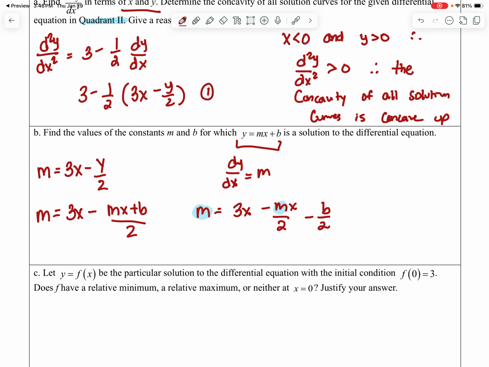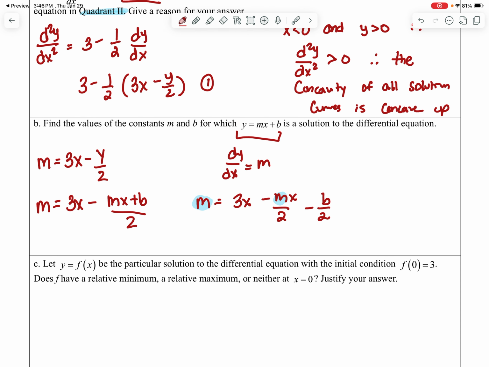So here's what we're going to do. We are going to, actually, no. I'm going to factor out an x here.